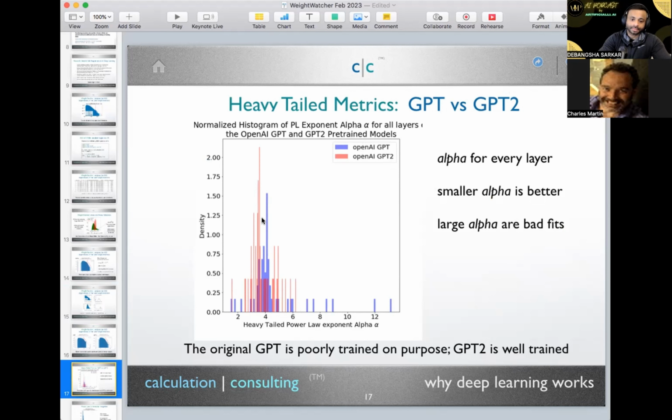You find that the peak of the distribution for GPT-2 is smaller than that for GPT. All the alphas for GPT-2, except maybe this one little outlier, probably the embedding matrix, are between 2 and 6, which is predicted by the theory. In GPT, which is a fairly bad model, the alpha is larger and there are a number of outliers. Anything above 6 is not a power law. It's just a very, very poorly trained layer.